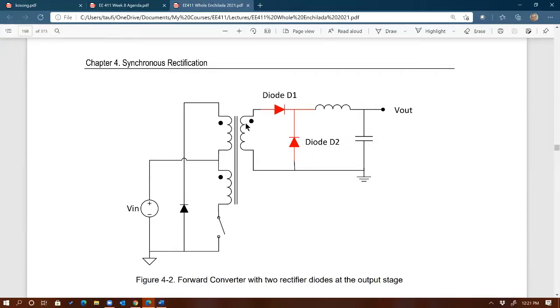The input is pulsating, but the output requires DC, so you need to rectify the voltage from the secondary side of the transformer into DC. Then you filter it and get a better DC that way. So you can see the critical functions of these diodes.